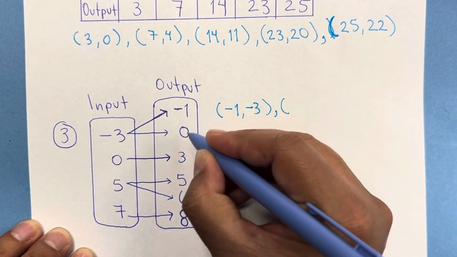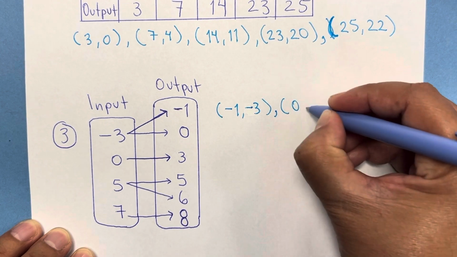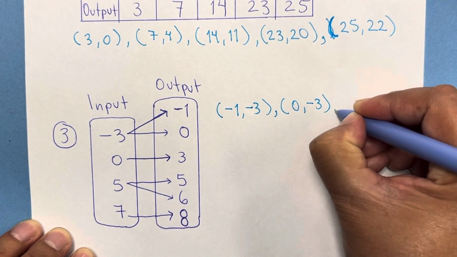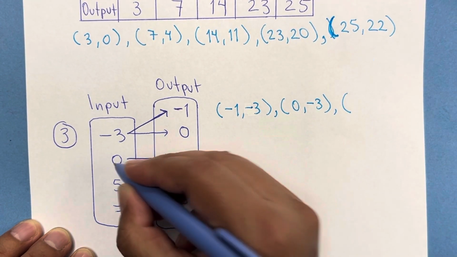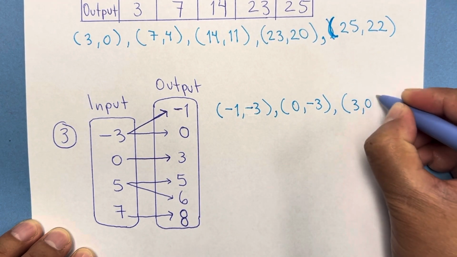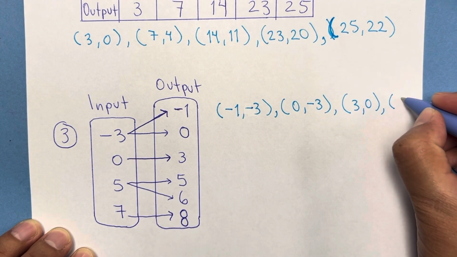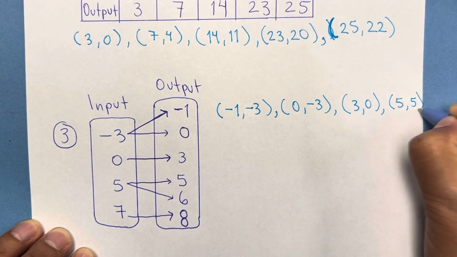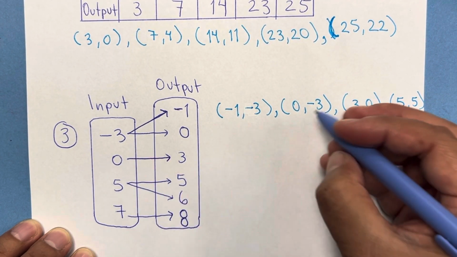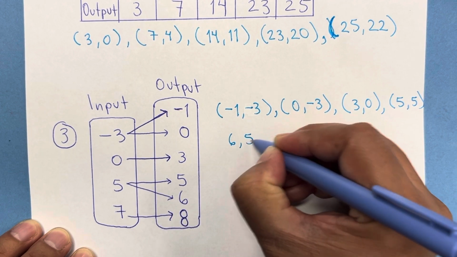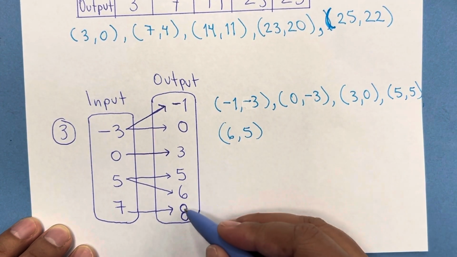For the next one is 0, -3. We have 3, 0, 5, 5, 6, 5, and then 8, 7.